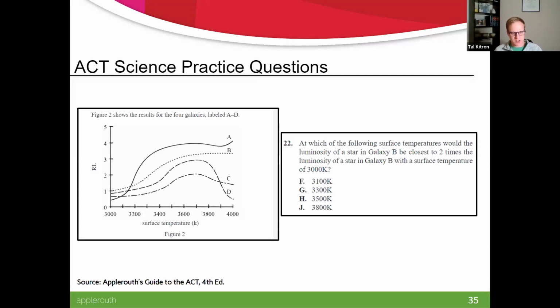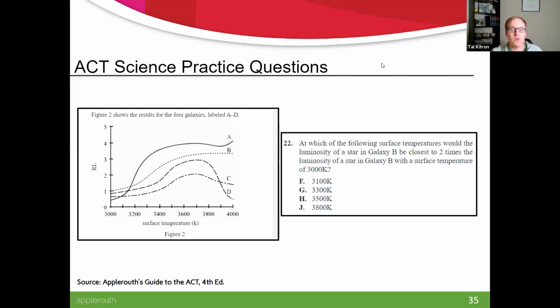If you understand the question, this one's going to be no sweat. At which temperature, that's the x-axis, would the luminosity, I don't see that anywhere, of a star in galaxy B be close to 2 times the luminosity of a star in galaxy B with a surface temperature of 3000?